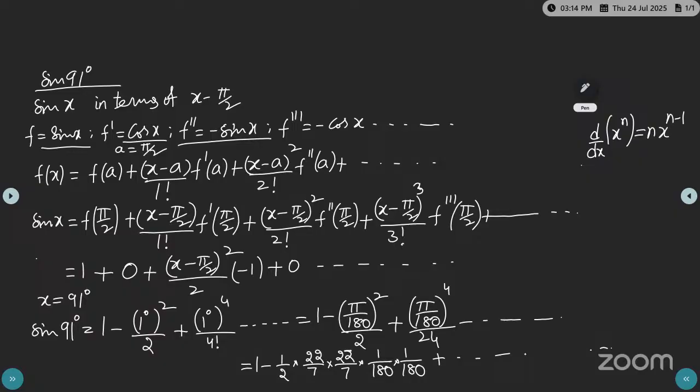If you are writing 1 degree as 1, the value will be 1 minus 1 by 2 plus 1 by 24 like that, which is absolutely wrong. You are not supposed to write that. That degree should be expressed in terms of radians.